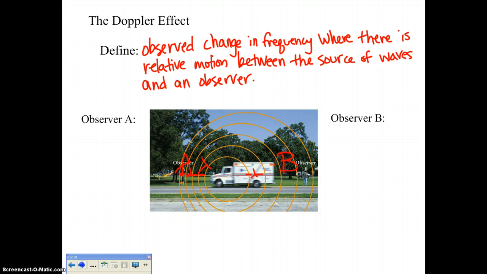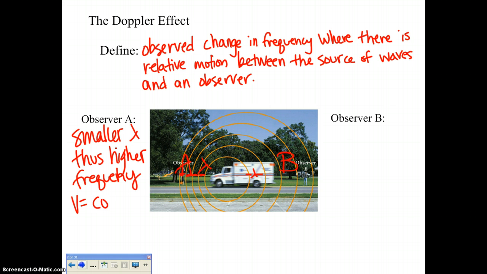So for observer A, the waves are being compressed together, so it has a smaller wavelength, thus higher frequency, as velocity is your constant. To appropriately apply the Doppler effect, we have to think about velocity equals frequency times wavelength, okay?